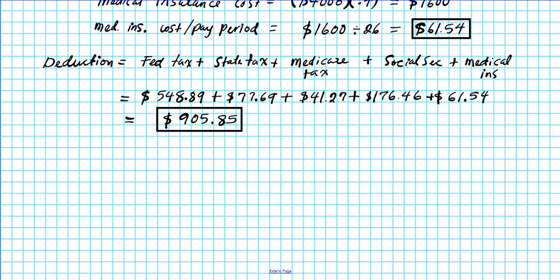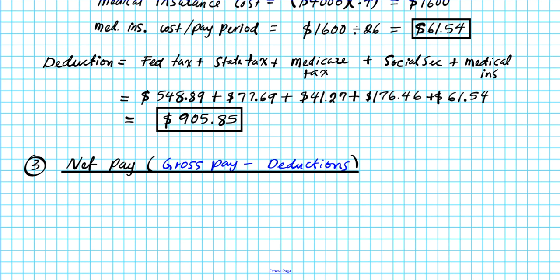Okay, let's take a look at the third and final question, which is to find her net pay. Her net pay can be computed by using the formula gross pay minus the deductions. We know what her gross pay per period is, and we also know what the deductions are. So all we are simply going to do is find the difference.